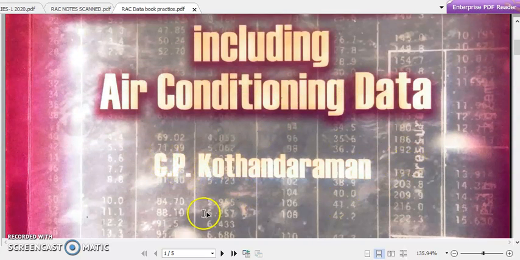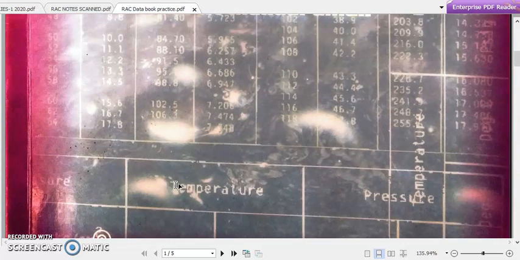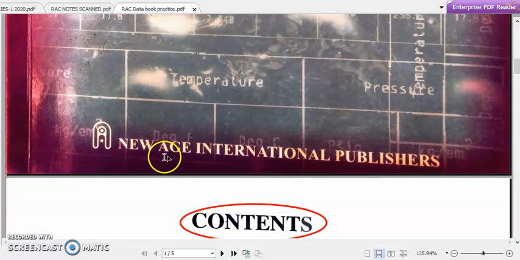The author is C.P. Kodandaraman. Many data books may be available in the bookstore, but here I am using the C.P. Kodandaraman data book. Why I am choosing this, I will mention, along with the advantages of using this data book, in the course of time.